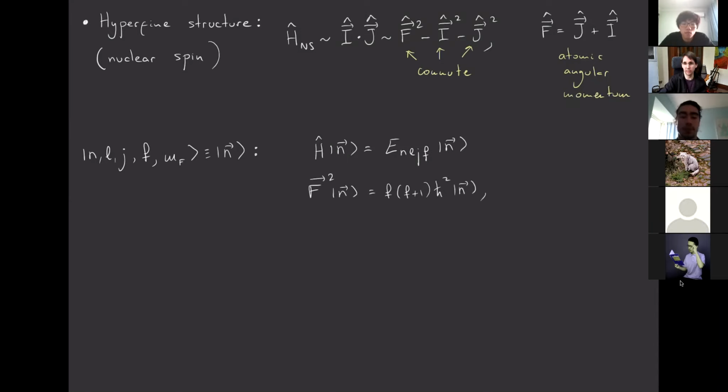And the values that this F can take are running from J minus I in steps of 1 all the way to J plus I. Okay, and I remind you that I is just the spin of the nucleus, which is fixed for us. It's not something that we can change in the experiment. Okay, and then, of course, MF is the quantum number associated to the third component.